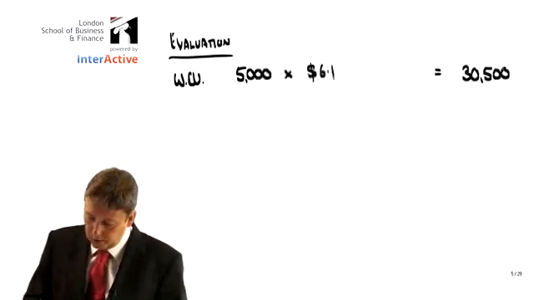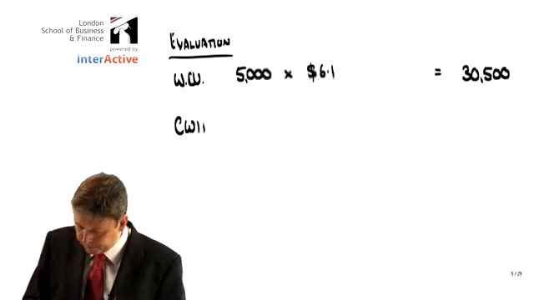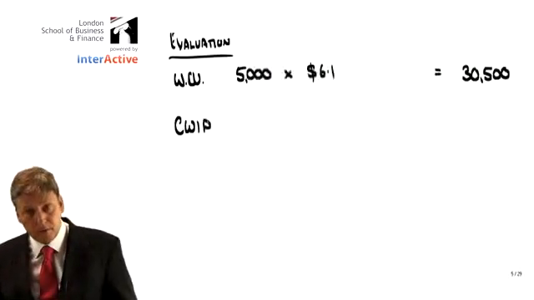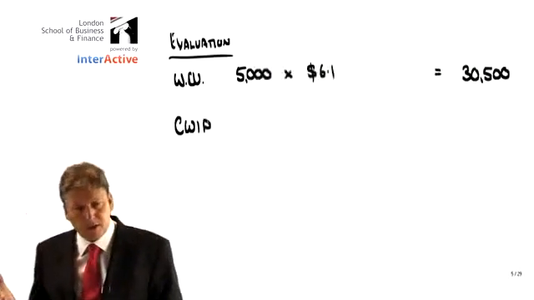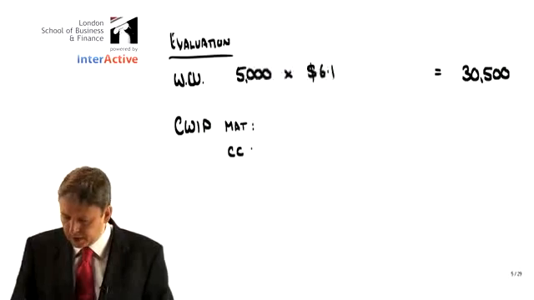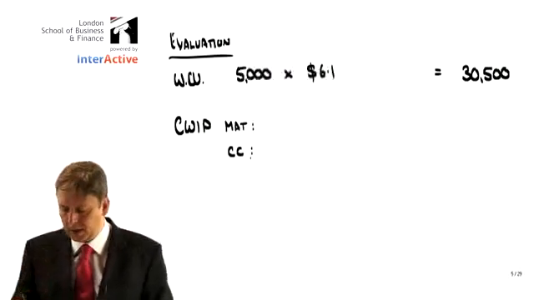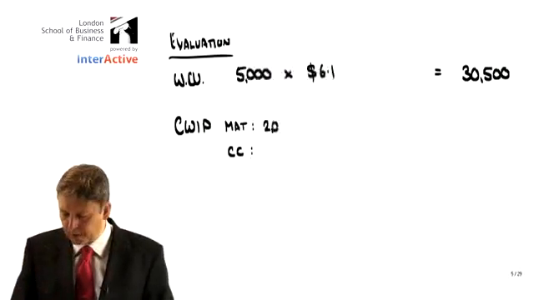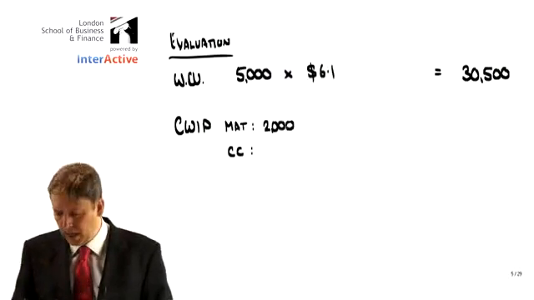Secondly, we can look at our CWIP. We've done this before. In fact, the equivalent units, not surprisingly, are exactly the same. If we look at materials and conversion costs separately, we had 2,000 equivalent units of material and 1,200 equivalent units of conversion costs.